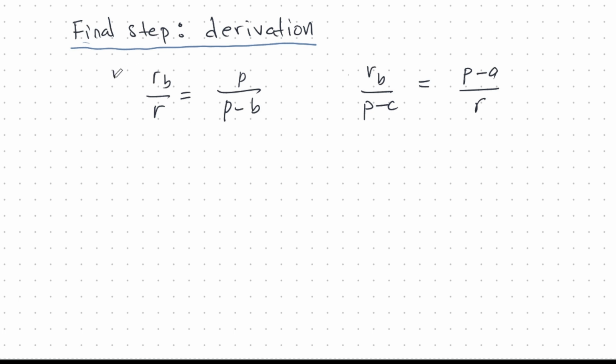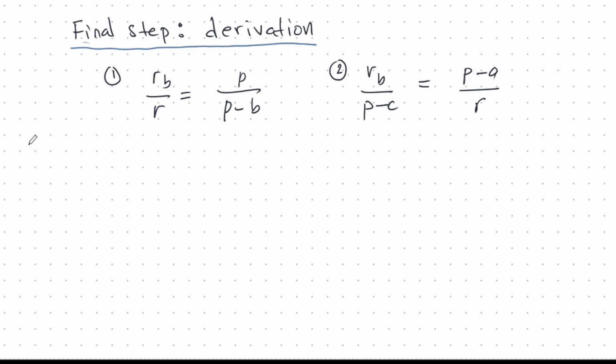Now we've reached the final step of this proof. Let us recall the two relationships we got by studying pairs of similar triangles. From the first pair, we have equation 1: RB over R is P over P minus B. And from the second pair of similar triangles, we got this one.